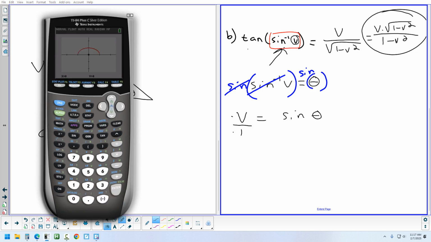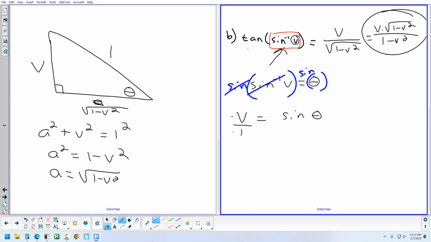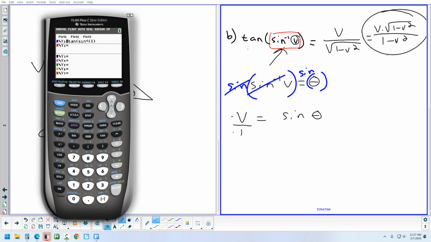Okay, let's try it. I'm just going to type it in so you can see they look the same. There's the tangent of the inverse sine. And it doesn't matter how you type it in. I'd want this as the final answer on paper, but if you're just checking to see if we did it right, I guess you could type in either one of them. I'm going to do the first one. So I'm going to do x divided by the square root of 1 minus x squared.